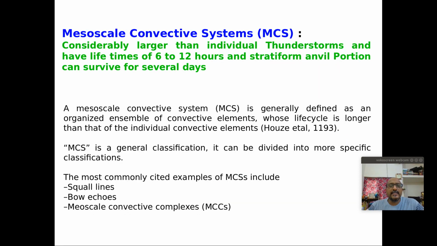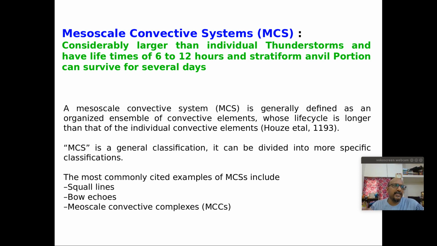One more category of storm is known as mesoscale convective systems. As the name implies, they are of the order of the beta to alpha scale, more than 200 to 600 kilometer length scale, and the typical lifetime is 6 to 12 hours, sometimes exceeding 18 hours.